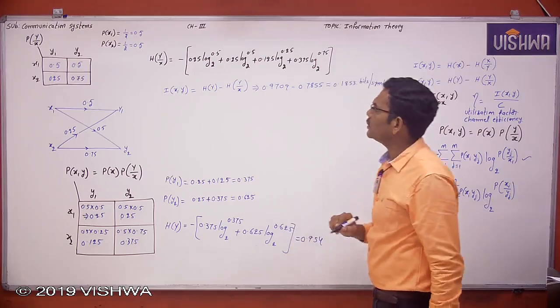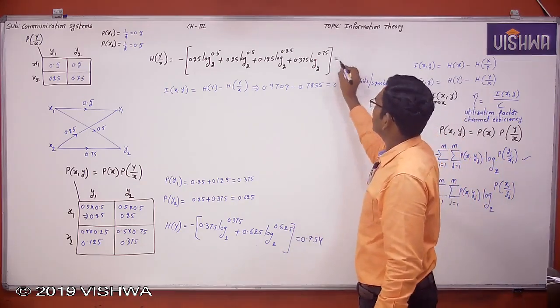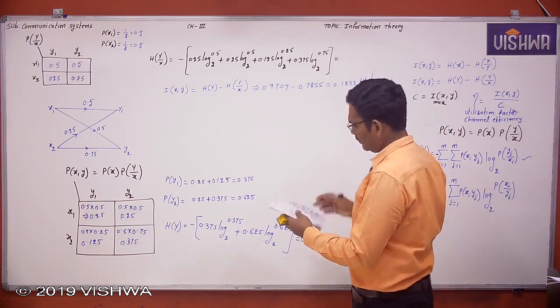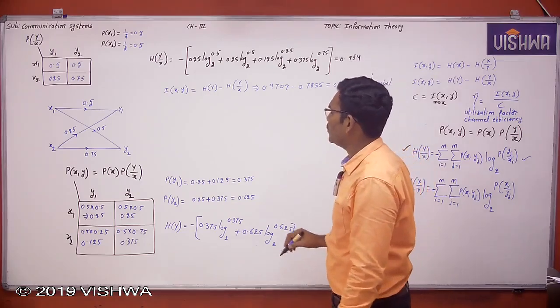This is the conditional entropy H of Y by X, which is 0.905. Then what is the mutual information?